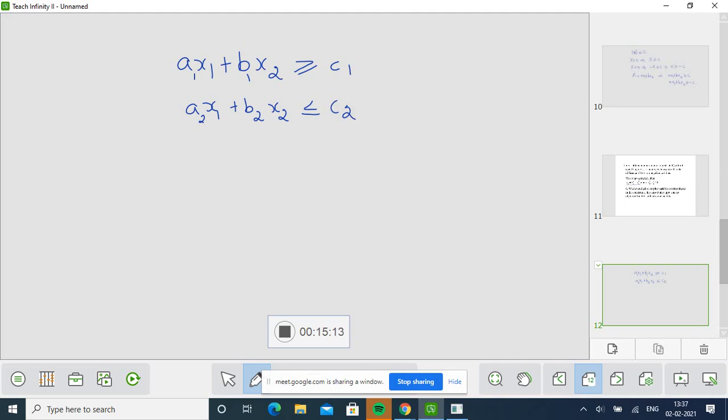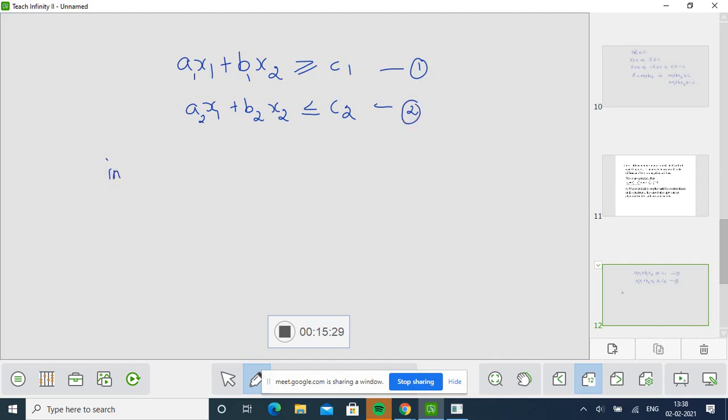Now, initially in any problem I want to convert inequality to equality. In this case it is greater than or equal to, so I should subtract. Let us call this equation 1 and this equation 2.